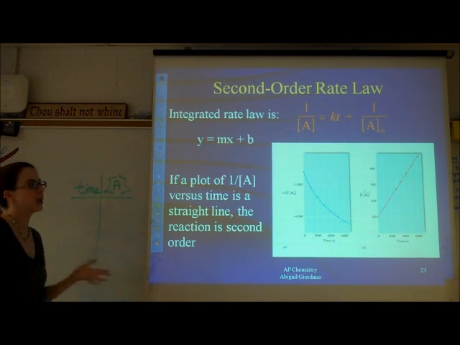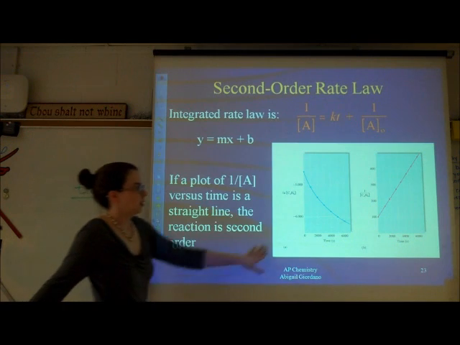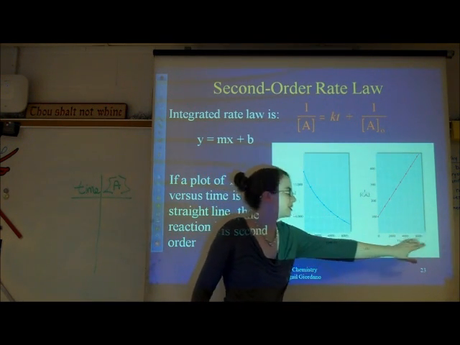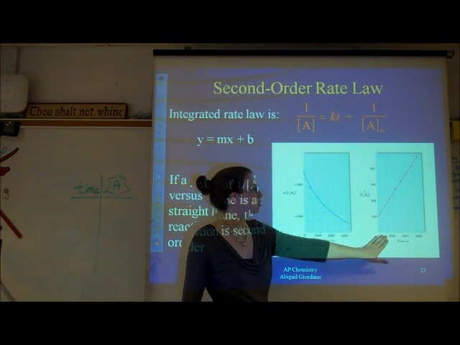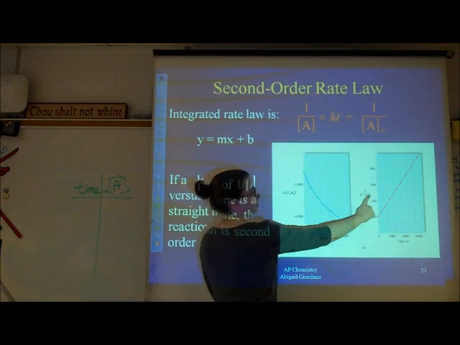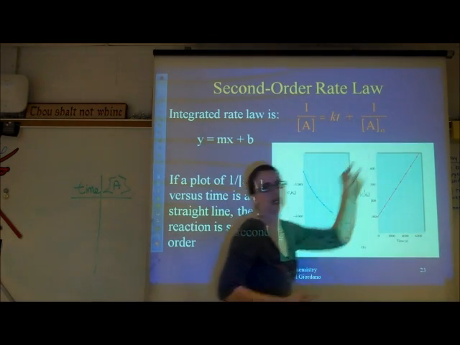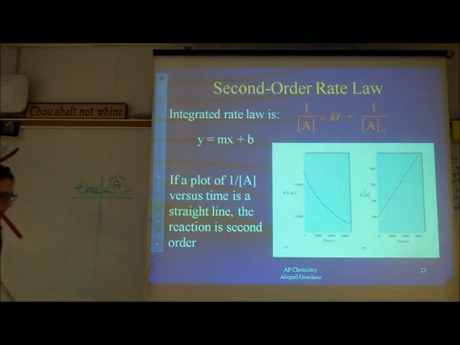Okay? So you say, okay, well then maybe it's second order. So you try this. Time is still on the x, that doesn't change. But what's on the y now? Not natural log of concentration, but 1 over. Is that line straight? Yes or no? Yes. What does that mean? That the data is second order.